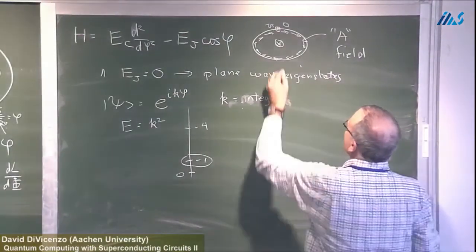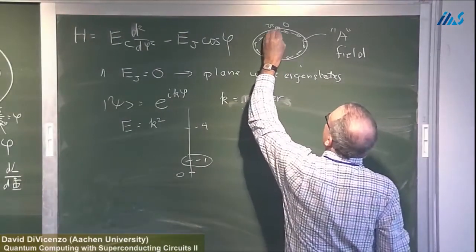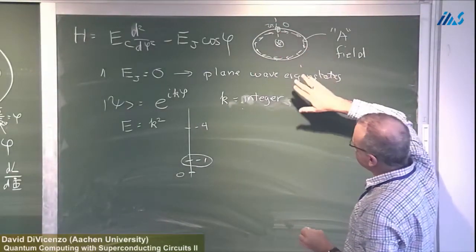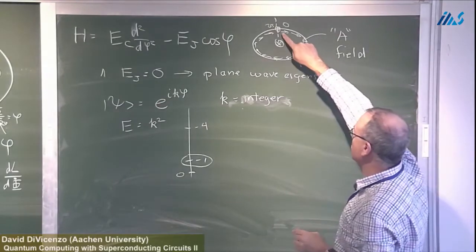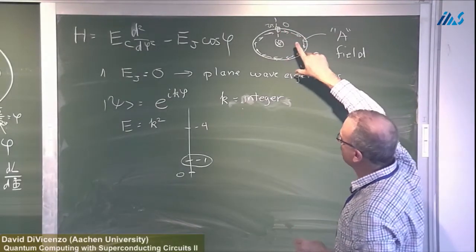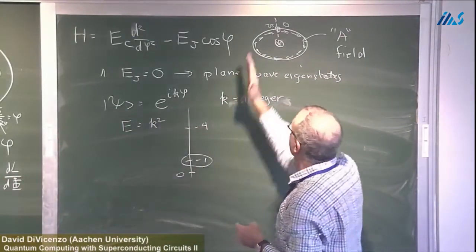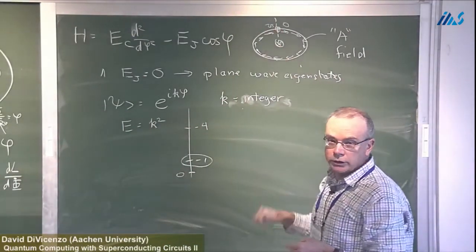But I can go to a different gauge again. I can do my delta function gauge, and actually for this problem it doesn't matter so much. But that's a way of emphasizing that this can be viewed as a change of boundary condition at this slice.